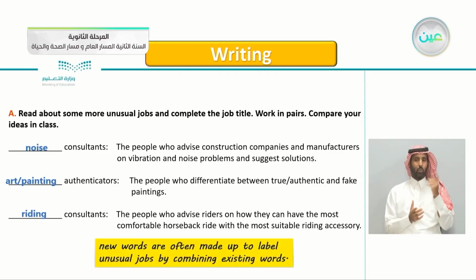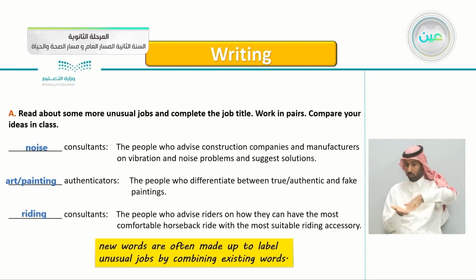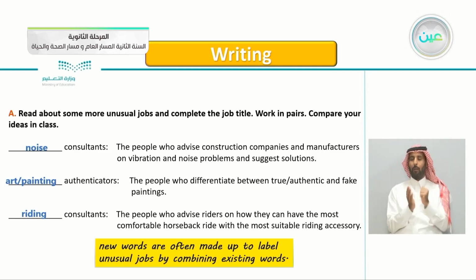New words are often made up to label unusual jobs by combining existing words. Again, sometimes we make up new words to label unusual jobs by combining existing words. For example, the cheese sprayer from the previous lesson, the person who sprays cheese.